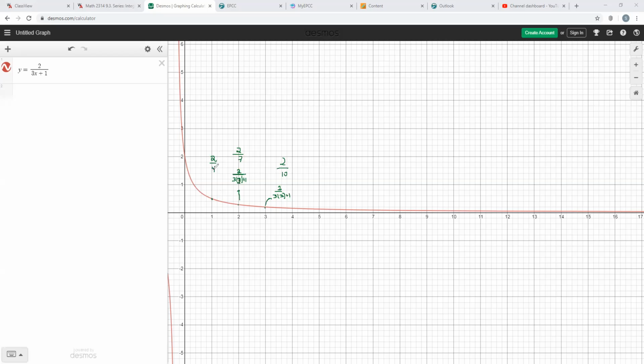Now our question is, what happens when you add this term plus this term, which is 2 sevenths, plus this term, which is 2 tenths, plus this term, which was 2 over 13, and so forth forever?